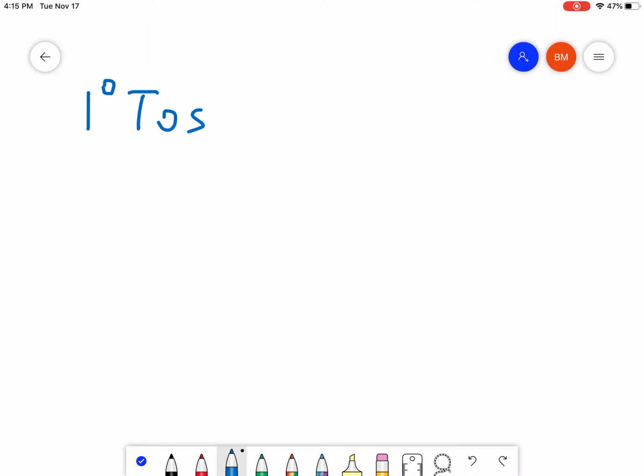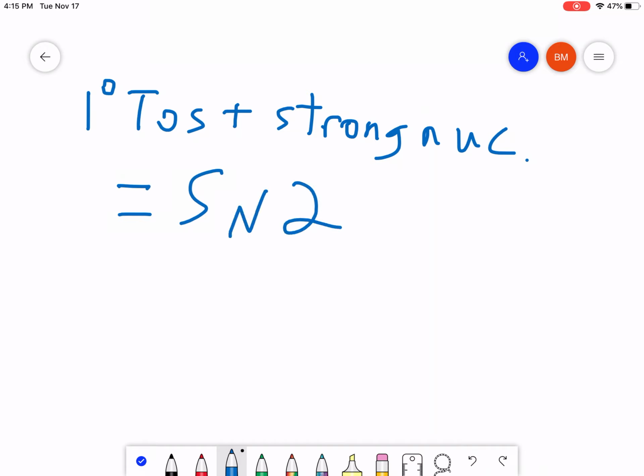If you have a primary tosylate with something that can act as a strong nucleophile, that is going to give you an SN2 reaction. All right. Primary tosylate, strong nucleophile, gives you an SN2 reaction.